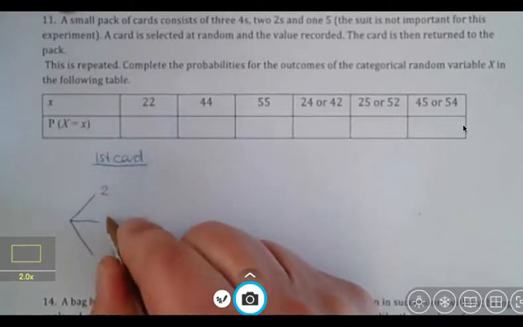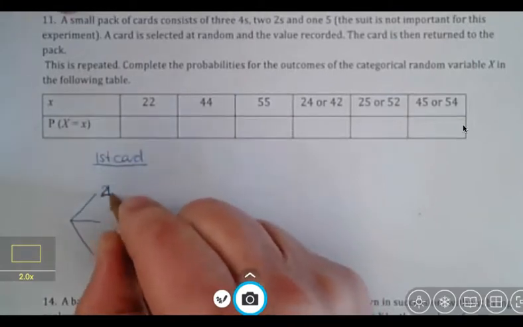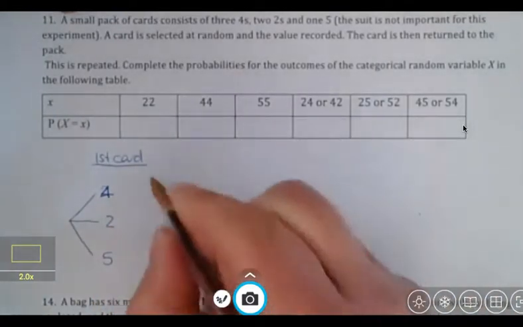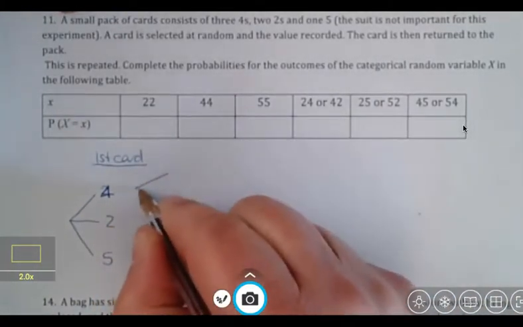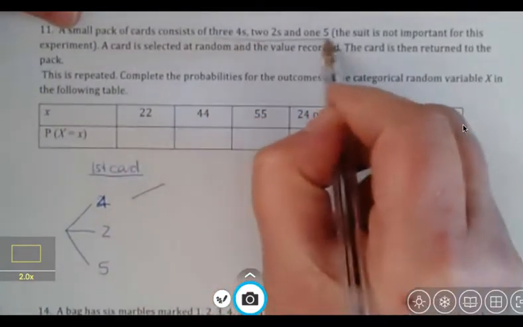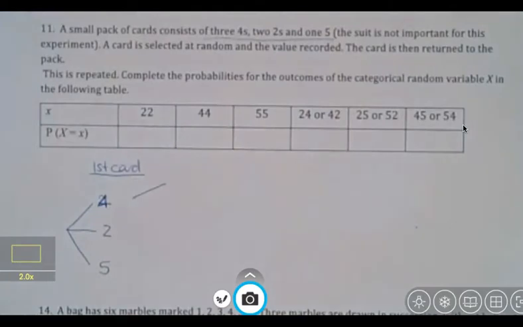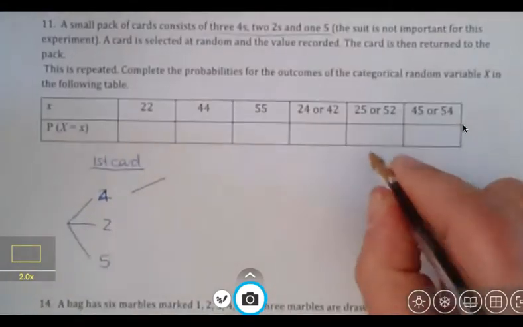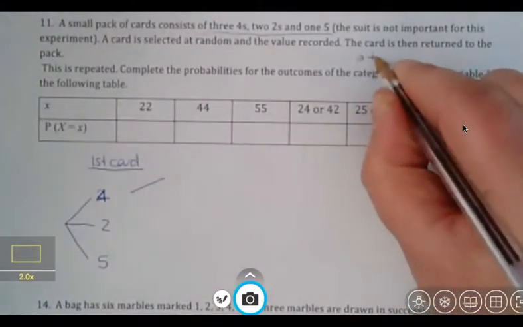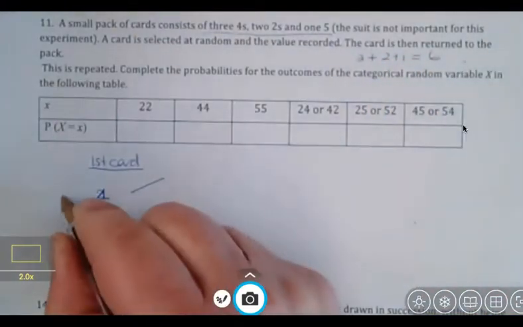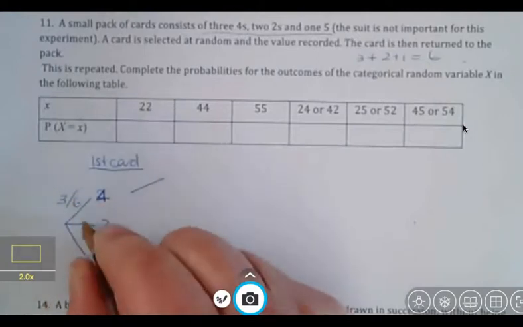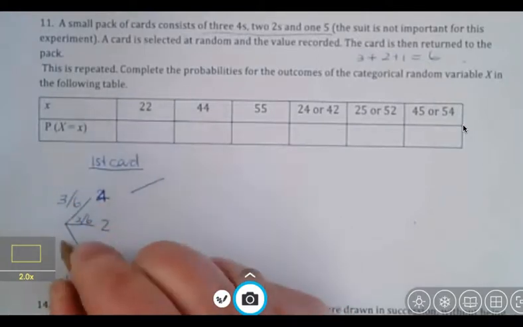So we could have a 4, a 2, or a 5 as our first card, and our second card. So you might want to put your probabilities on those. You can do that from here. 3 4s, 2 2s, and 1 5. So 3 plus 2 plus 1. There are 6 cards altogether. So you've got a 3 in 6 chance. You've got a 2 in 6 chance and a 1 in 6 chance.